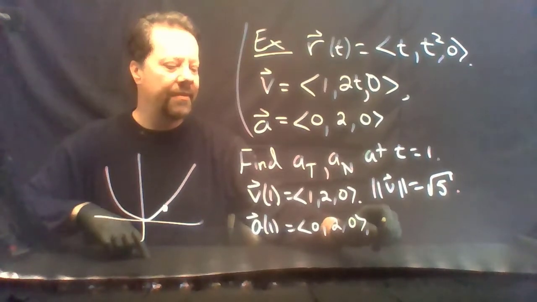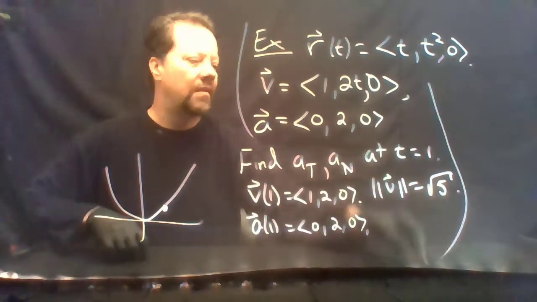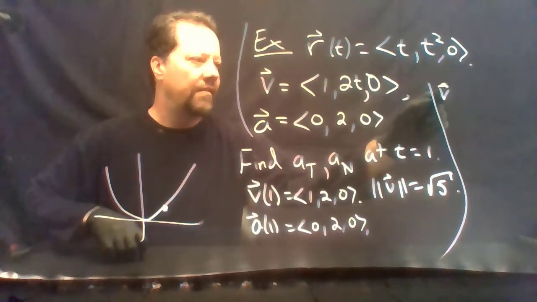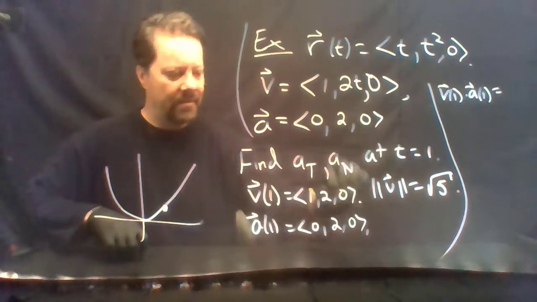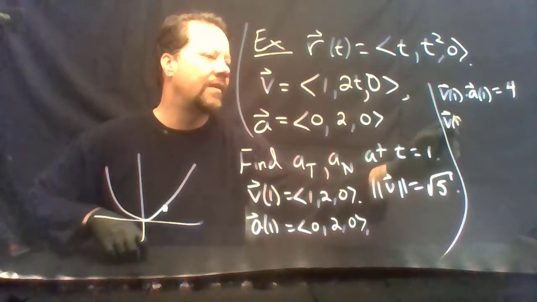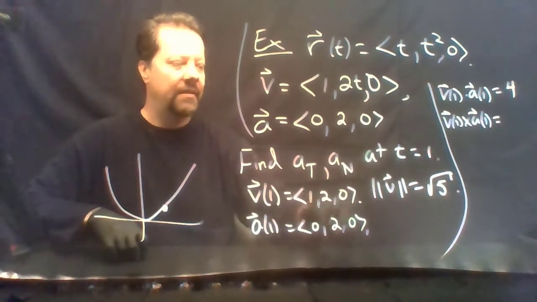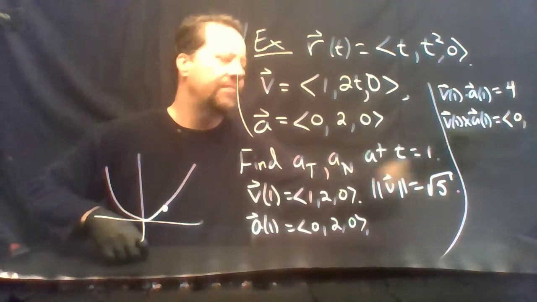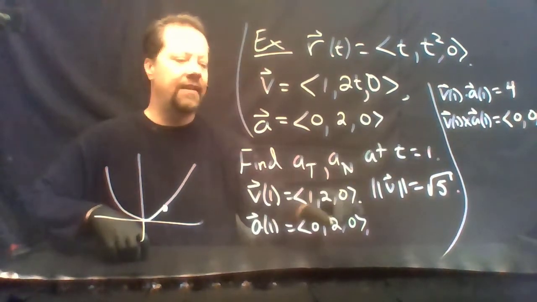Let's calculate both the dot product and the cross product. So v at 1 dot a at 1 will be 4. And v at 1 cross a at 1 will be 0, 0, and then 2.